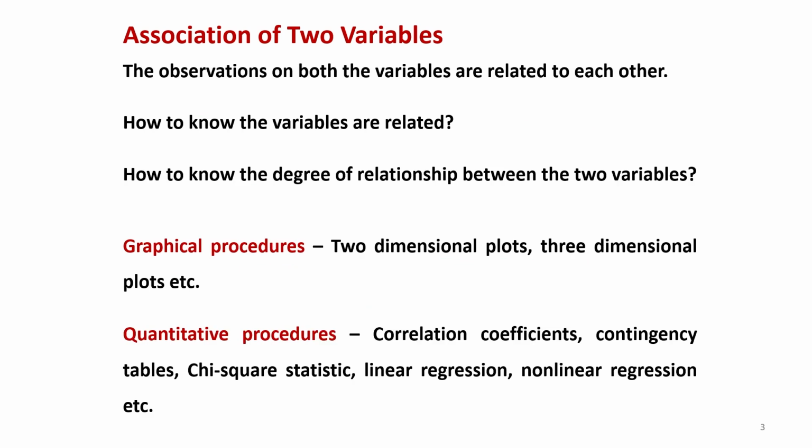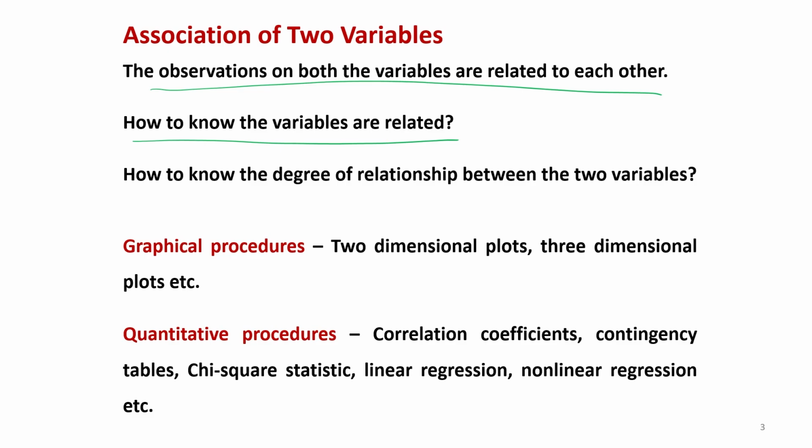So, we assume here that there are two variables which are dependent on each other or associated with each other. Now, how do we know that these variables are related? If the variables are related, the observations on these variables will also be related.